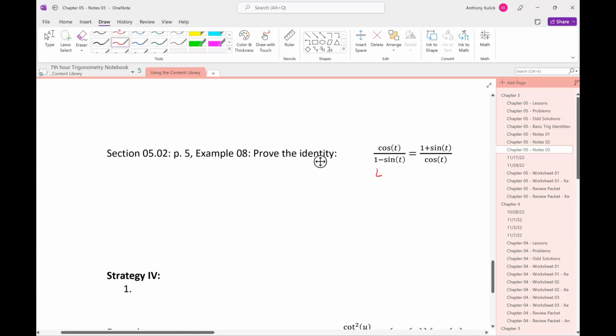What do we start? Got to pick the more complicated side. Which side is the more complicated side? Oh boy.